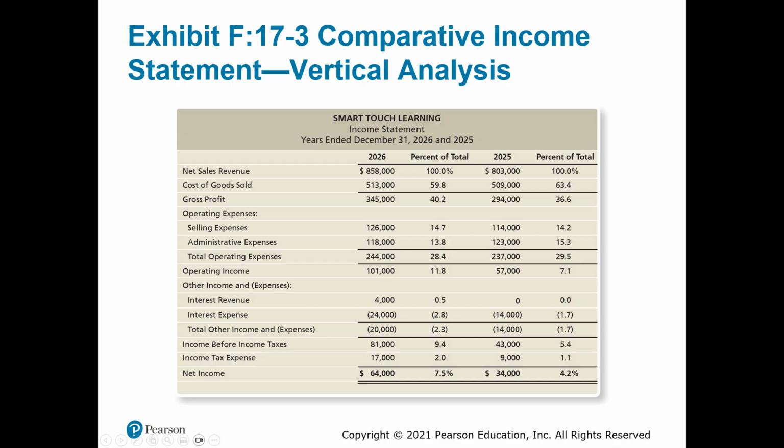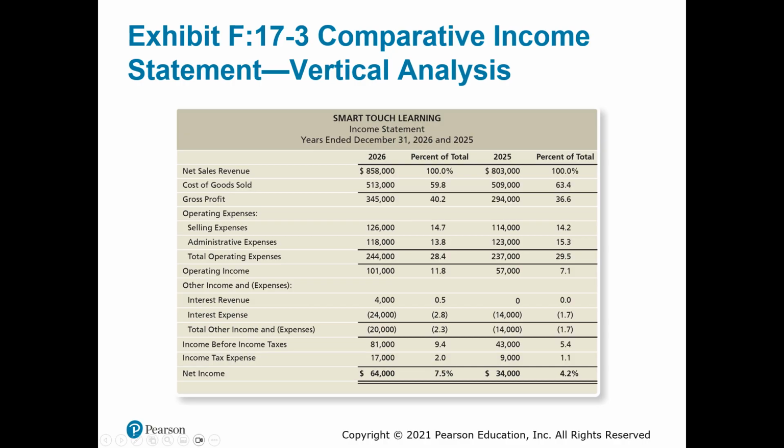Same thing down here, we've got selling expenses, like marketers, salaries, advertising, etc. That was 126,000. We'll take that 126,000 divided by the 858,000 and you get 14.7%. So 14.7% of every sales dollar, or almost 15 cents out of every sales dollar, went towards covering our costs of selling.